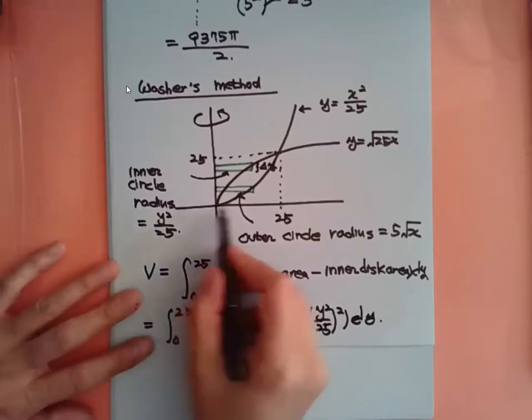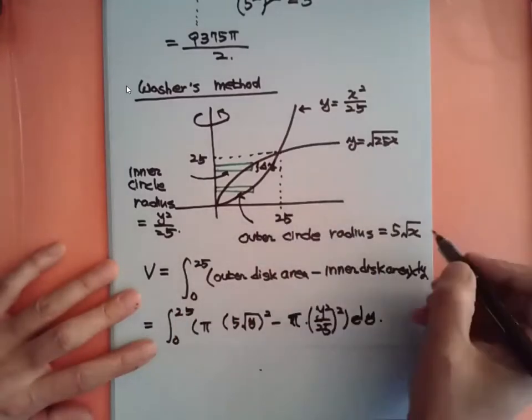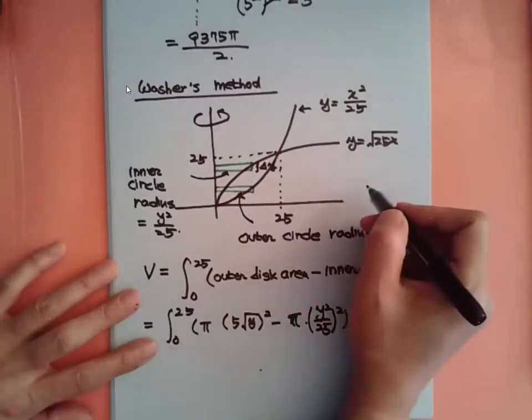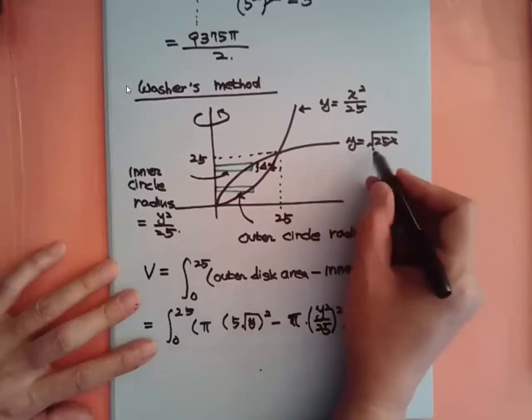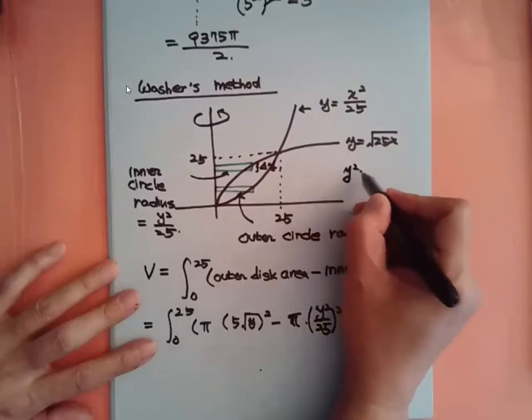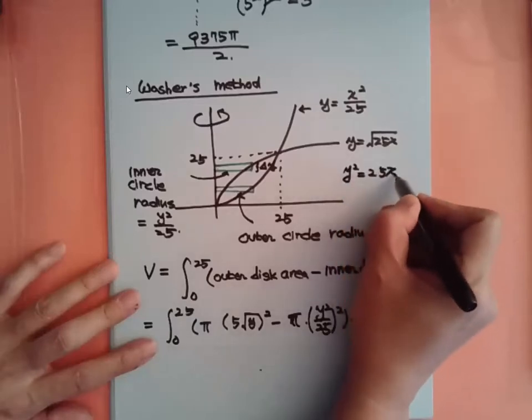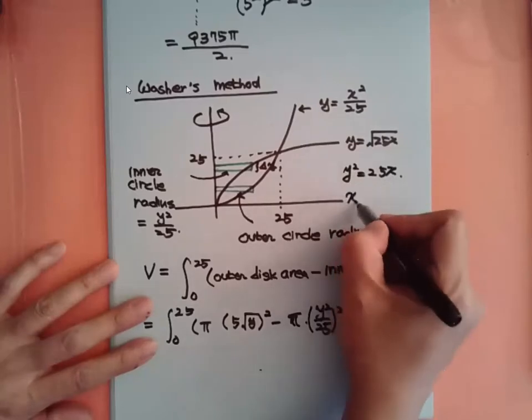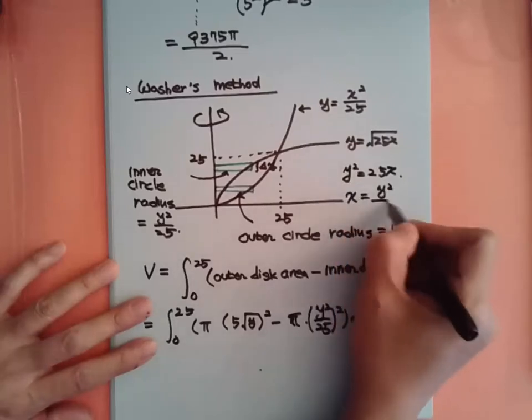So this is x, and this was y. If we square this, then y squared equals 25x, so x is y squared over 25.